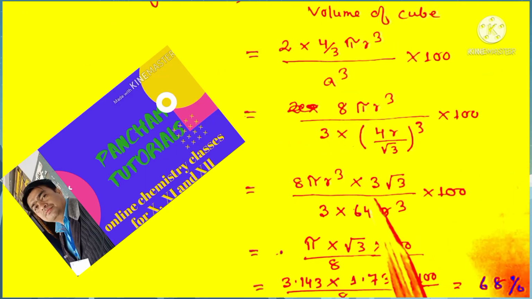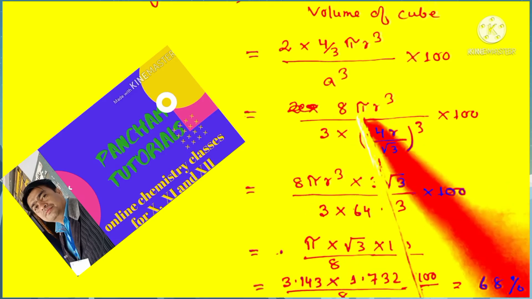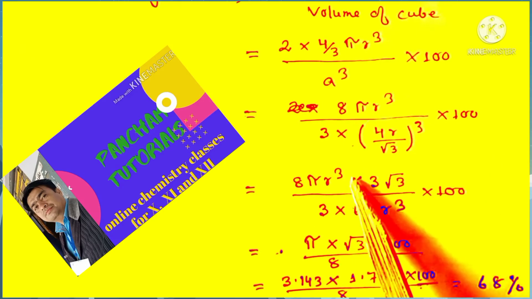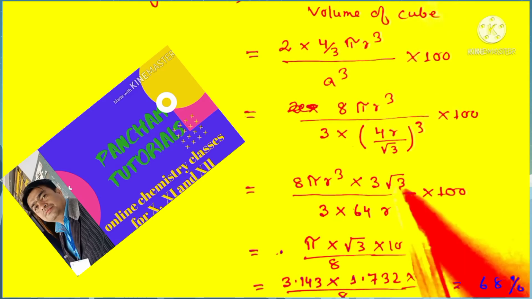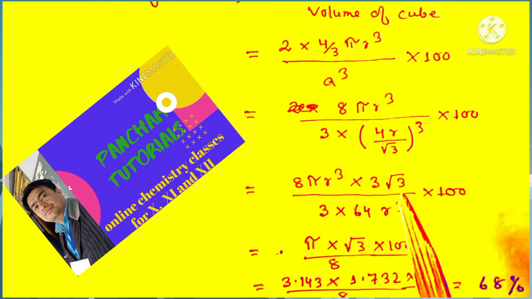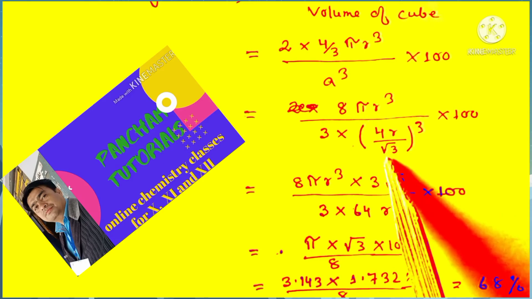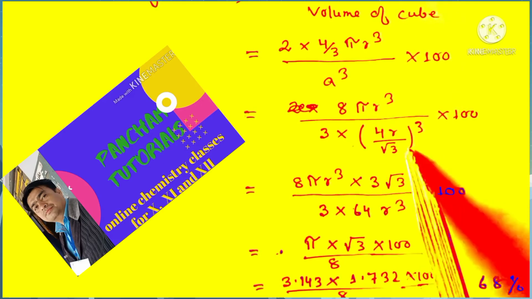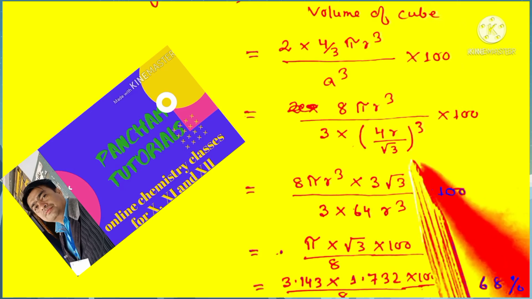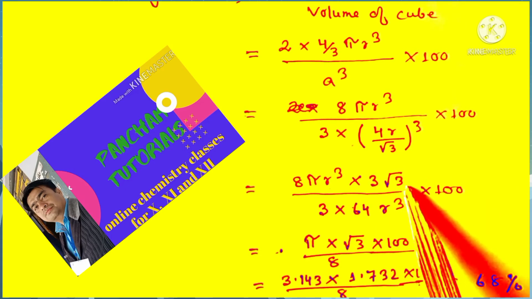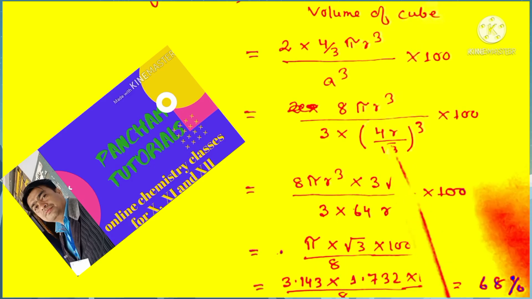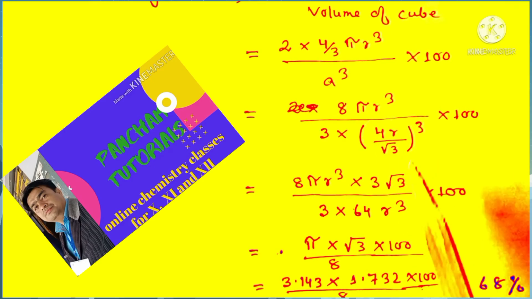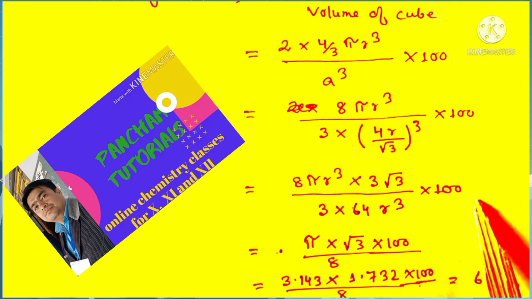Now this can be written as 8 pi r cube multiplied by 3 root 3. Where does this 3 root 3 come from? Actually here, root 3 whole cube can be written as 3 into root 3. Then divided by 3 into 4 cube, which is 64, and r cube, multiplied by 100.